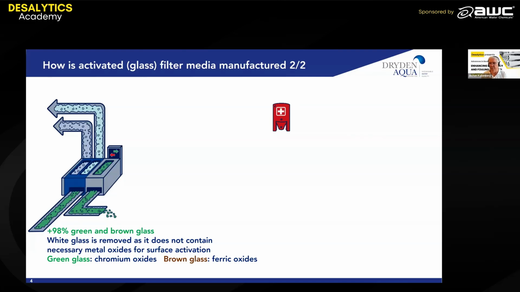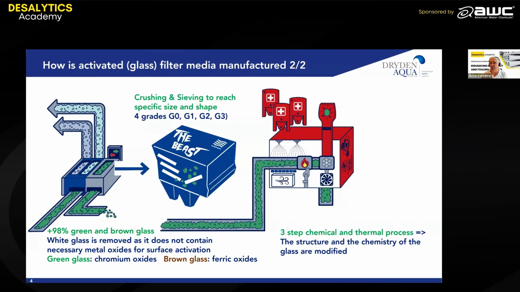One of the reasons is because we want to use the chromium oxide and the ferric oxide, which we use in our activation process, or which we use also in the function of the media, which I will explain later on. Then in the next step, crushing and sieving, we produce different types and grades of our filter media. We have 5 different grades from supporting layers up to standard and fine filtration layer media.